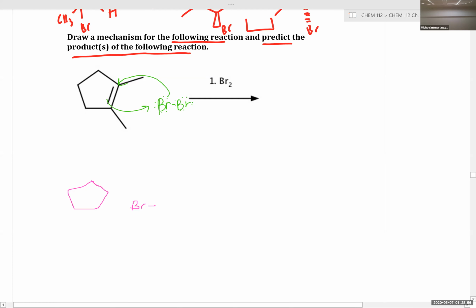And just remember to draw an arrow kicking the electrons back to the other bromine atom to generate bromide as well.